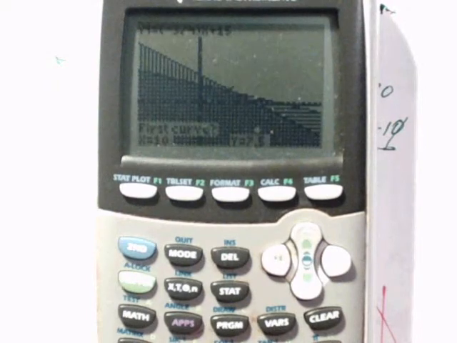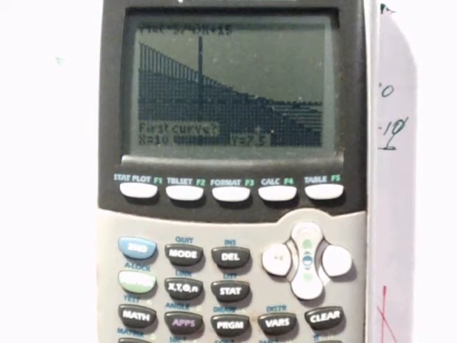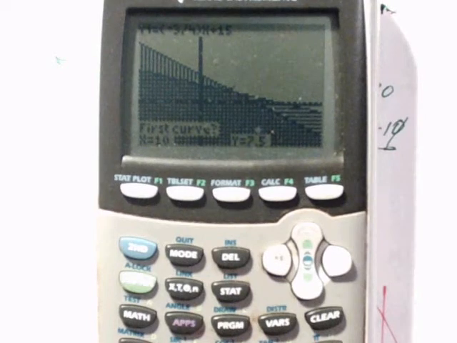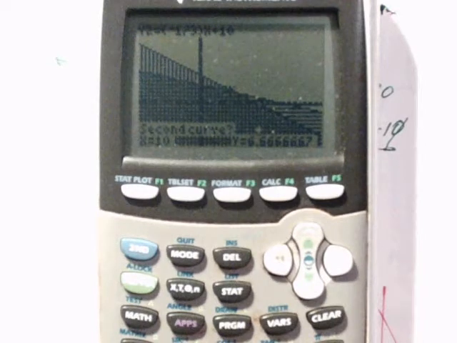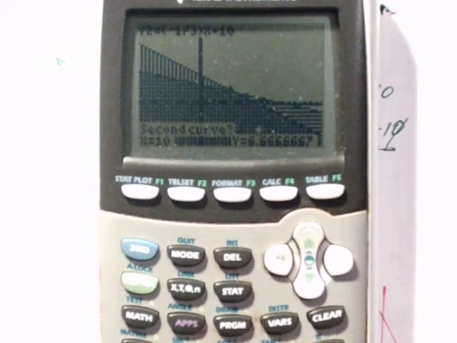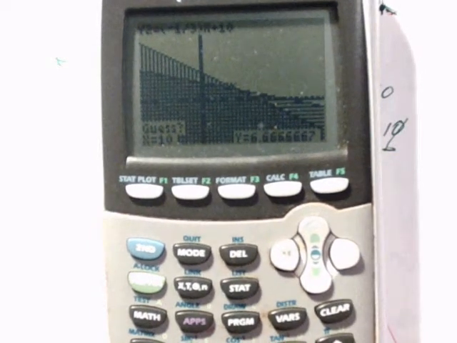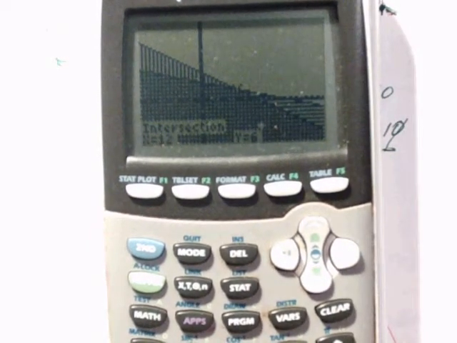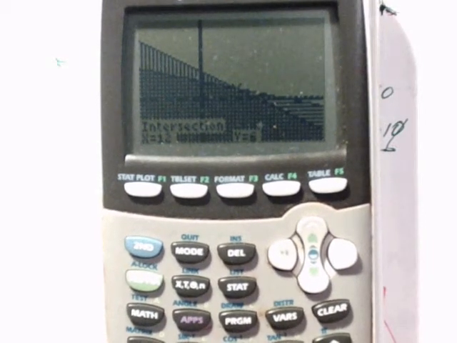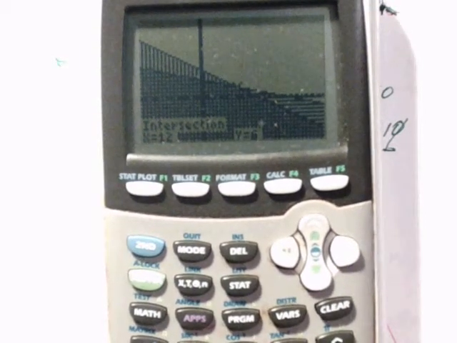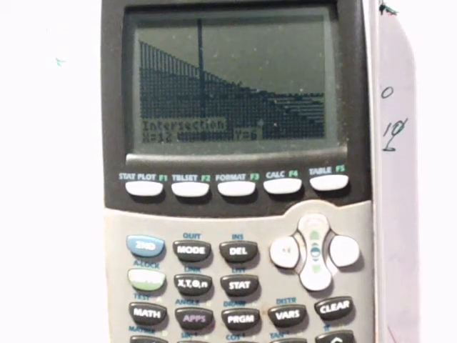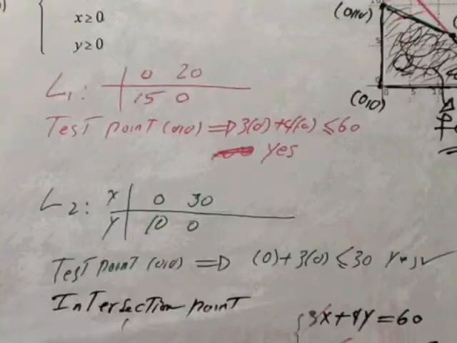Now the cursor is blinking on one of the lines, just say enter. Now it says second curve, blinking on the second one, push enter again. Now it says guess, if you enter again, at the bottom of the page it tells you the coordinate of the intersection point. And we worked hard on paper to do it without the graphing calculator, which is 12 and 6. Okay, so that's how you do it.